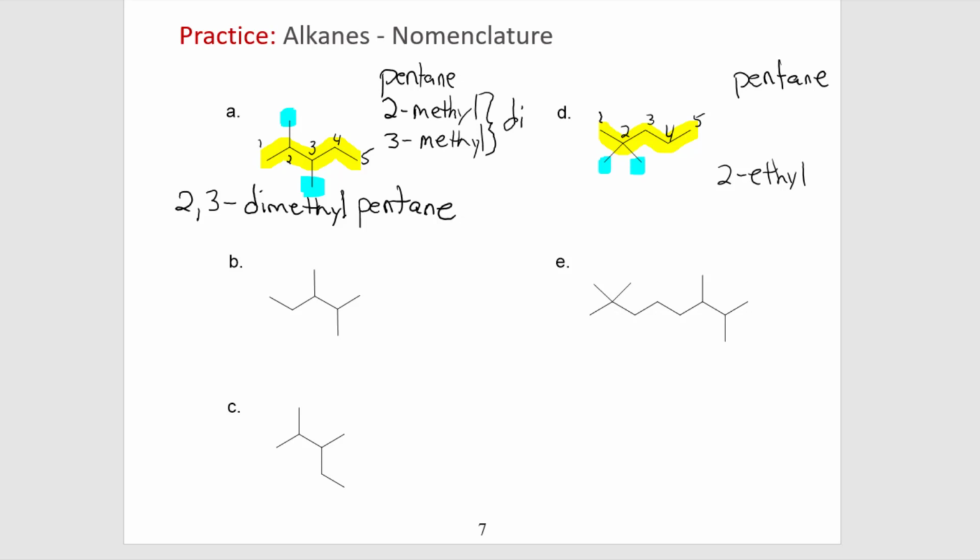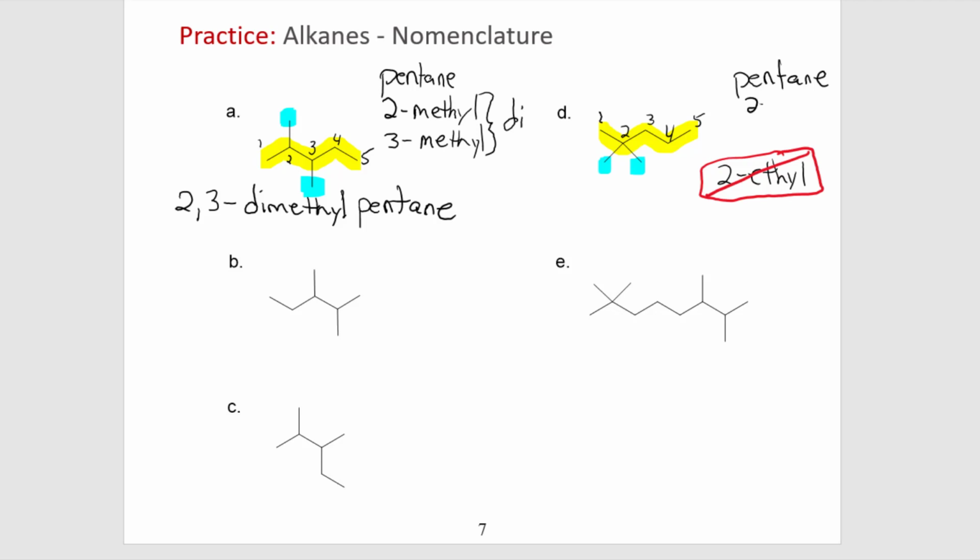But that is wrong. This is not a 2-ethyl substituent. There are 2 different CH3s off of carbon 2. It's not a 2-carbon chain. It's a carbon, stop, and another carbon, stop, right? Those are 2 different groups.